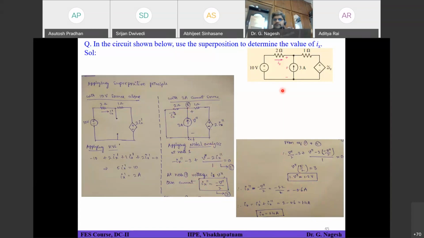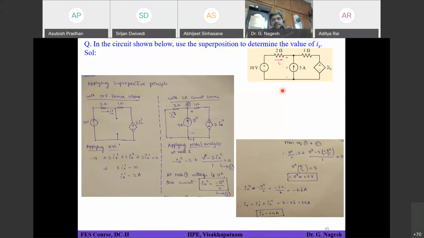When you are trying to solve something, you are trying to analyze what methods you can approach for your solution. In that process, they have found KVL is one method, KCL or mesh analysis or nodal analysis are others, and this is also one method, which is applicable for linear circuits. They are just analyzing the circuits in the different methods that are possible, and you can choose whichever is suitable.